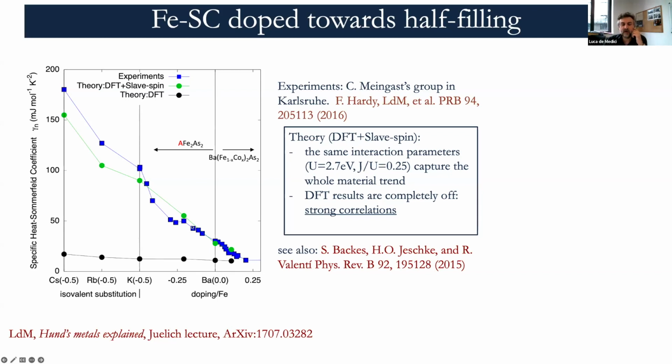And here in blue are the experimental points of the Sommerfeld coefficient from the specific heat, which really is enhanced when strong correlations increase. And you see these green points are the theory, which reproduces the experiments only when you have a correct value for the Hund's coupling. If you take it out, you basically fall back on the results here in black from DFT, so from band theory, which are completely off.